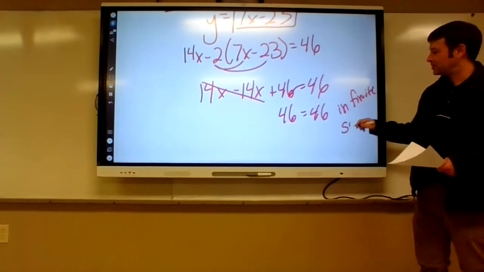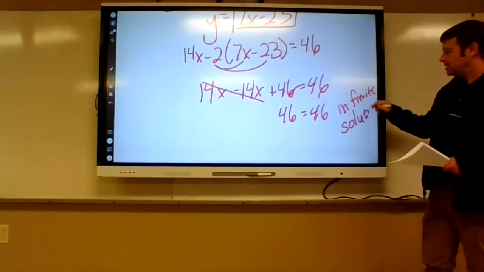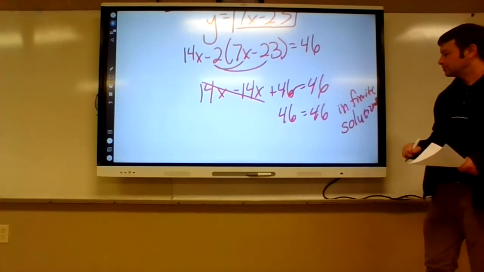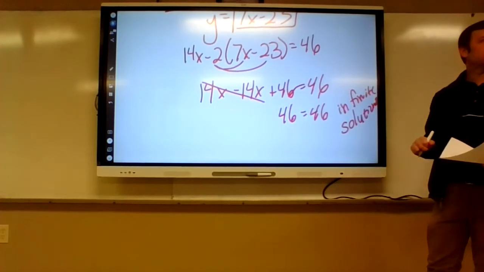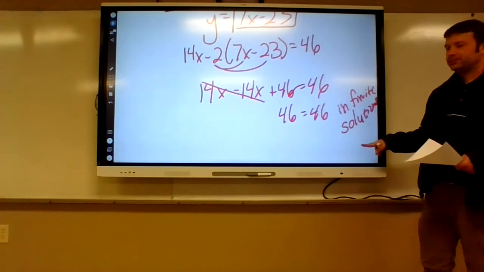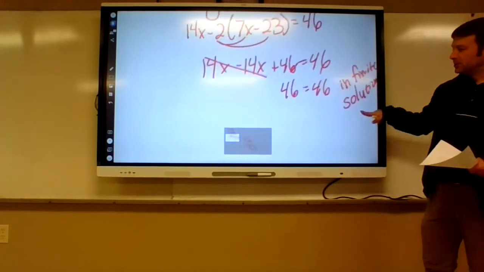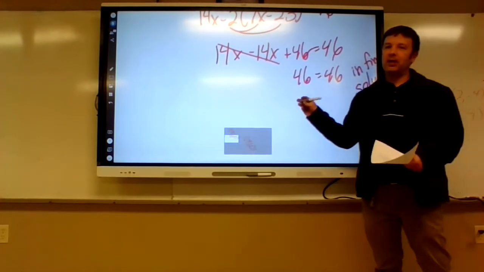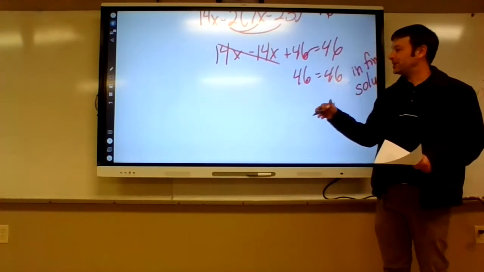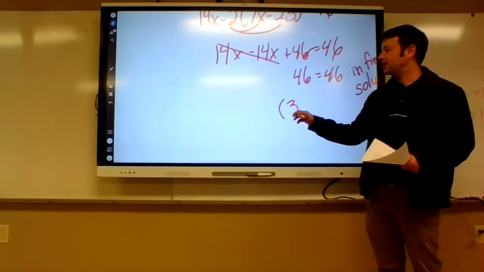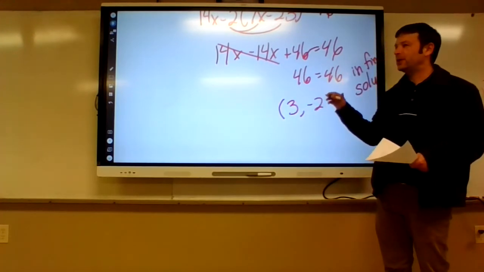Here's a hard question. Why is it infinite solutions and not all real numbers? Because it's the same thing. Because it's a true statement. Well, all real numbers is never going to be an answer on these kinds of problems. The reason is because the answers are a pair of numbers.